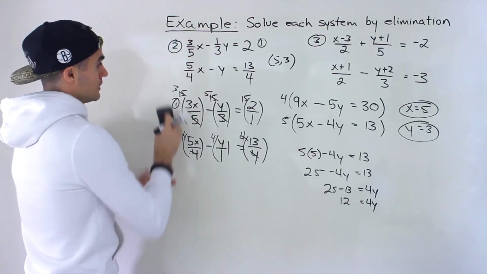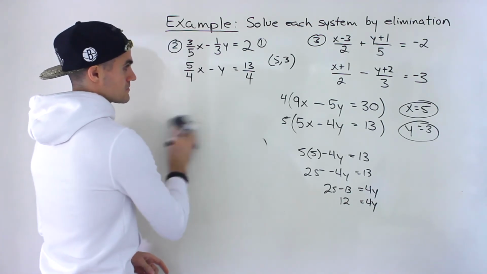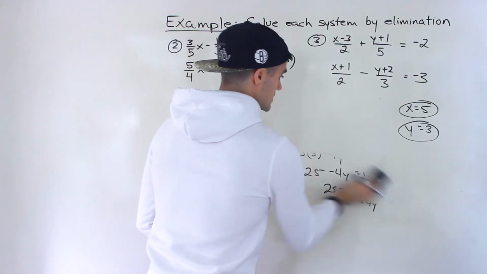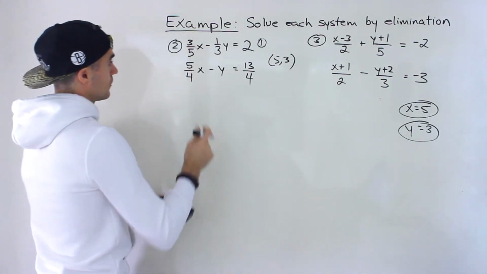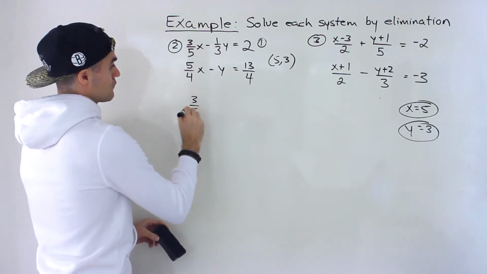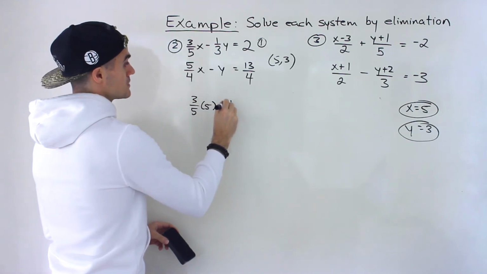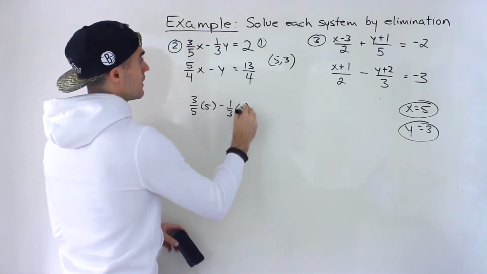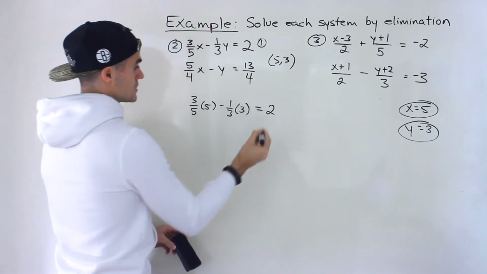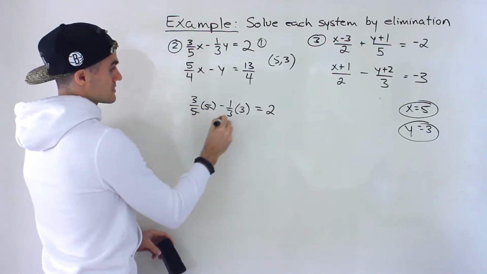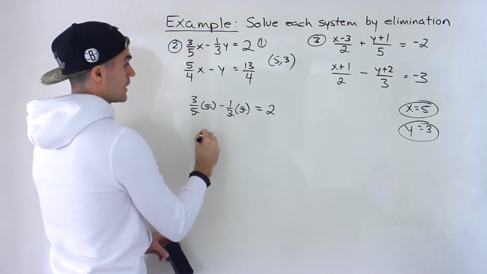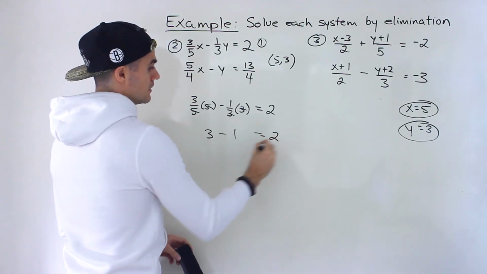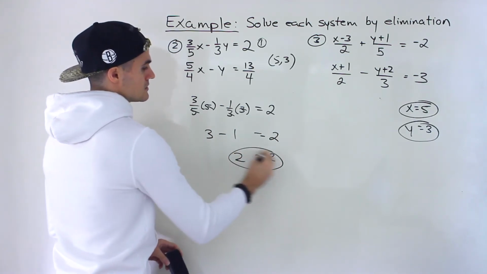Now, let's do a check on this, and let's make sure the left side is equal to the right side. Starting with the first one, we got 3 over 5 times 5 minus 1 over 3 times the y value of 3, which is equal to 2. These 5's cancel out, these 3's cancel out, so it's pretty nice. 3 minus 1, 2 is equal to 2.